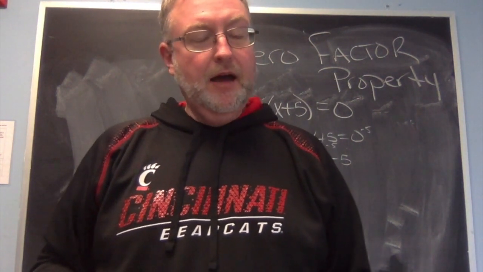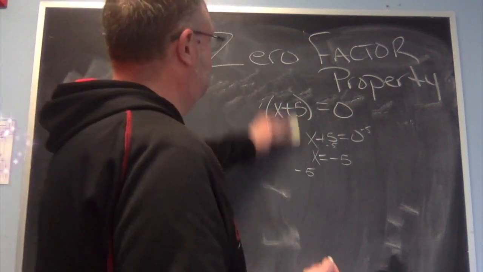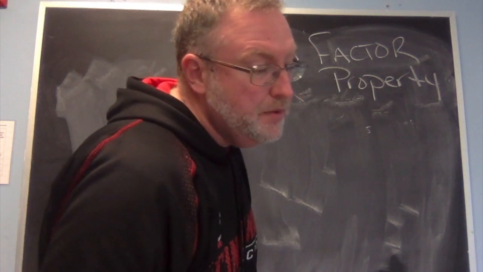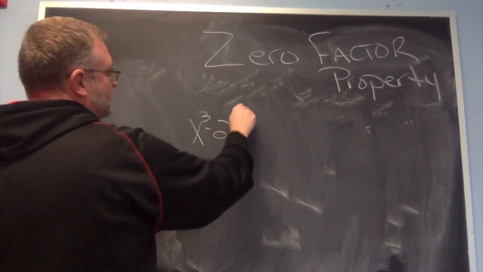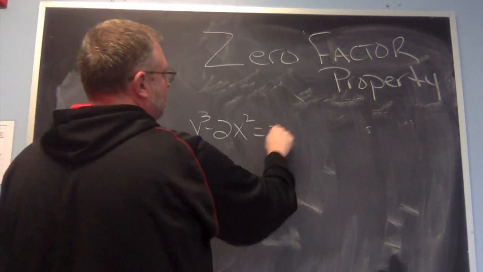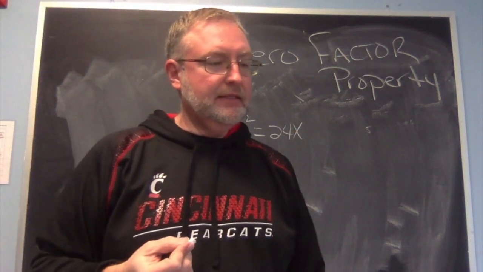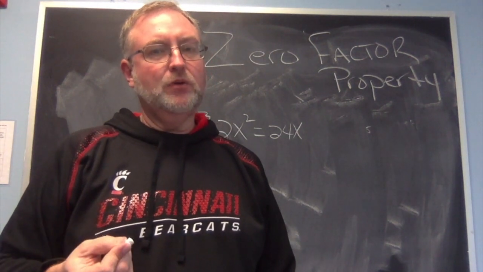All right. Let's go all the way down to number 26. 26 says x cubed minus 2x squared equals 24x. So again, I want to get this into its standardized form.